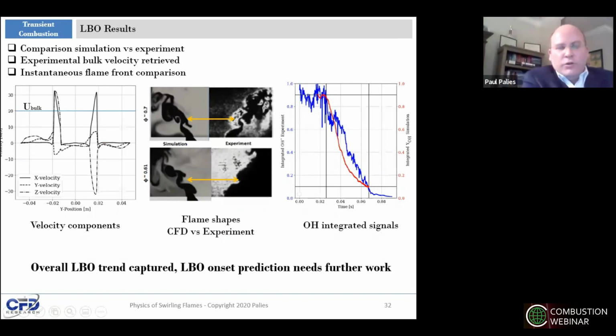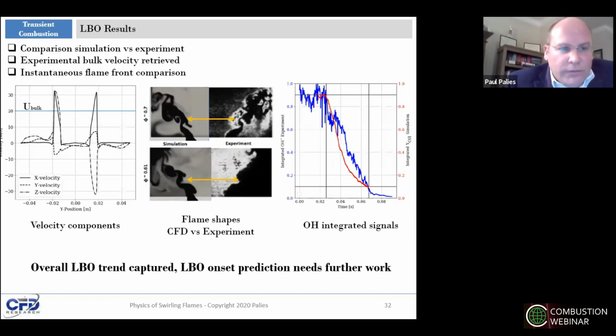Here I'm going to look at the comparison between experiment and simulation for this Lindblad data. On the left of this slide, the numerical profiles of velocity are compared with the bulk flow velocity.